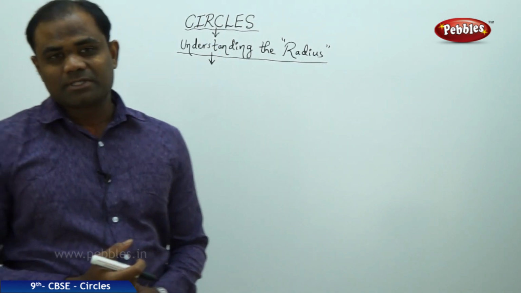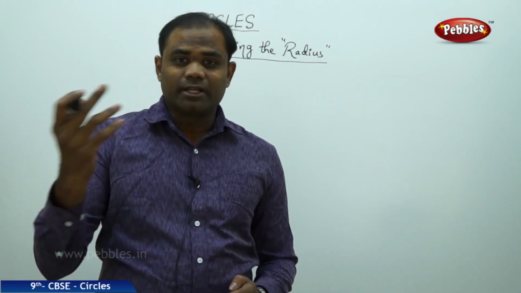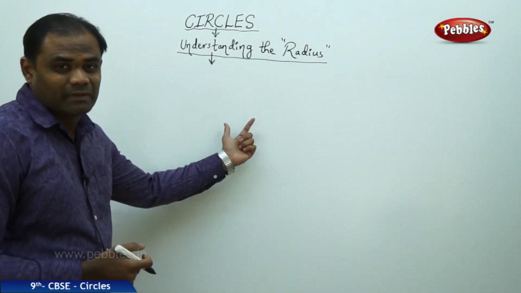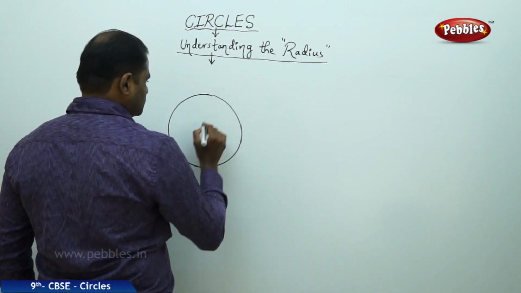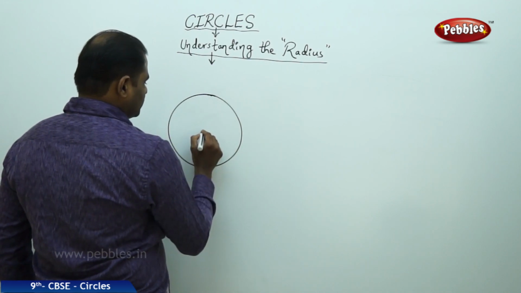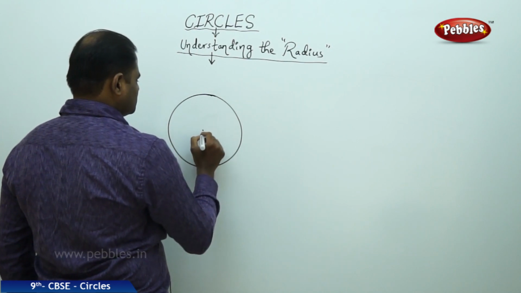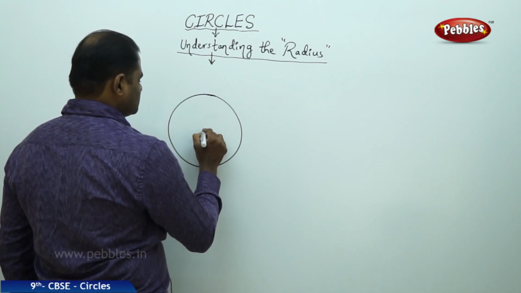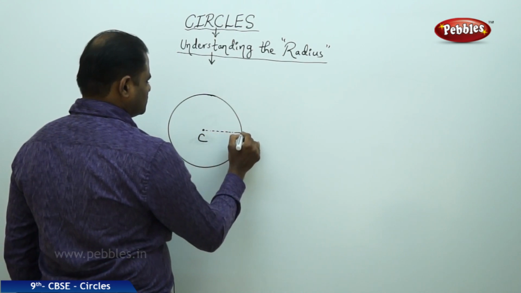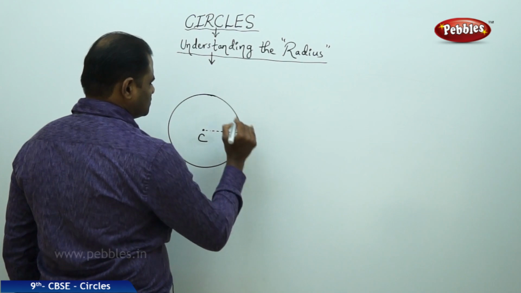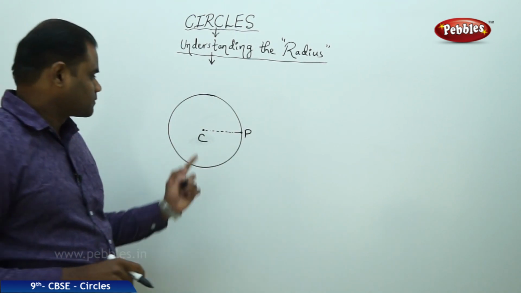So radius, as we see, is the fixed distance from the center to any point on the circle. That is, when I take a circle and when I take the center, this distance is called the radius.